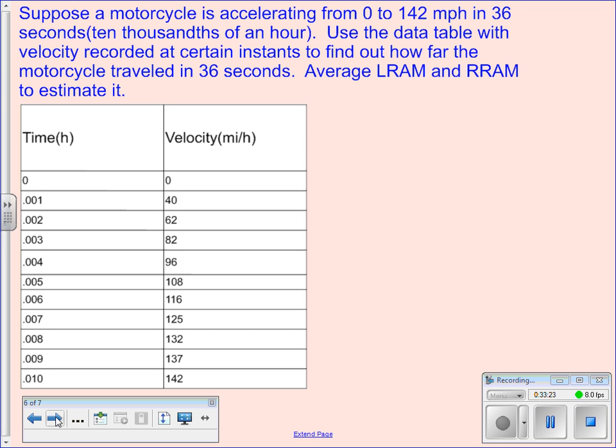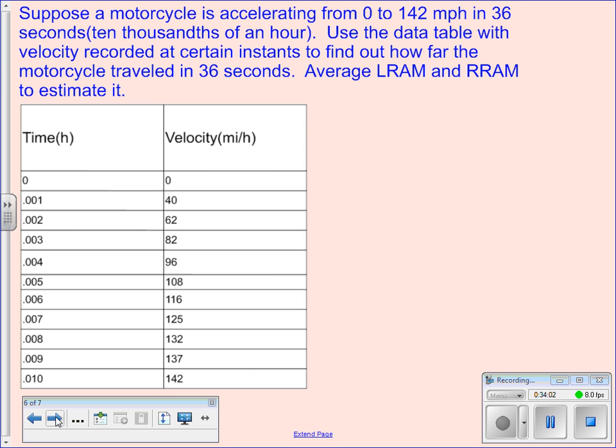You will have a table of values to work with rather than an equation when you're asked to find rectangular area. Because if you have the equation, there's better ways to do it. If you have the actual equation and the actual curve, there are better ways to do it. So when you don't have that, you have to do RRM and LRM and other things along those lines. And that's what we're talking about here.